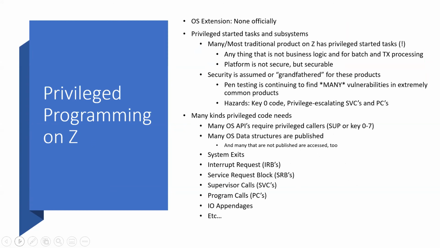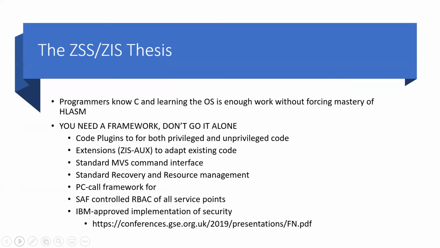There are so many different kinds of APIs for doing certain kinds of tasks. You don't just have normal code in a normal process or address space. Sometimes you have to do things through interrupt requests, SRBs, and other things. The total number of situations that you have to learn to be a master is much higher on z/OS.